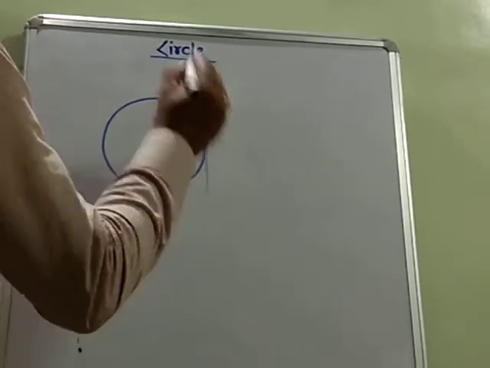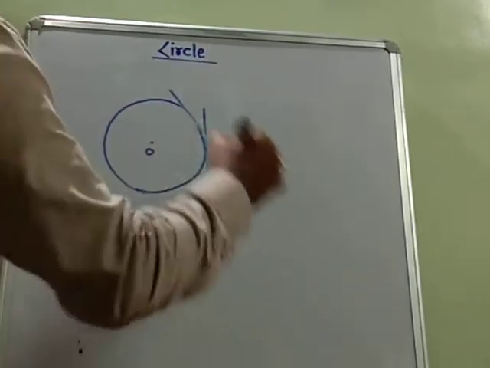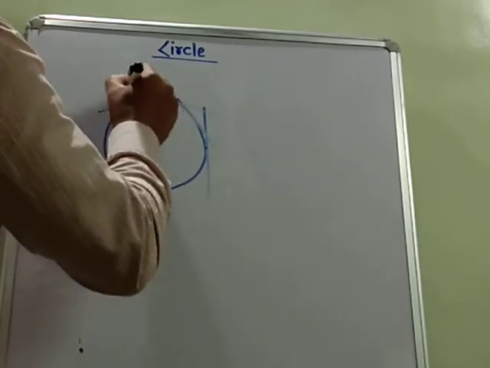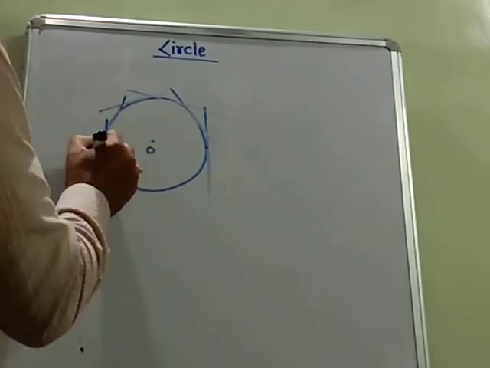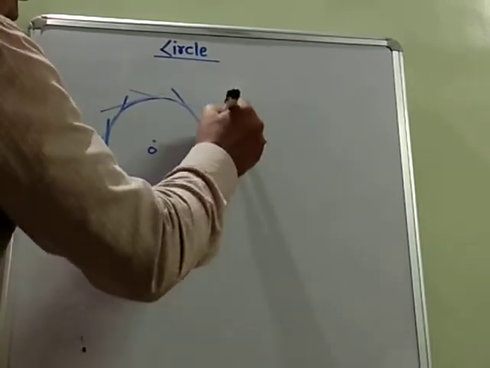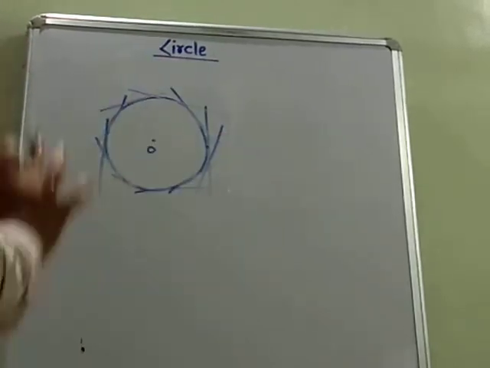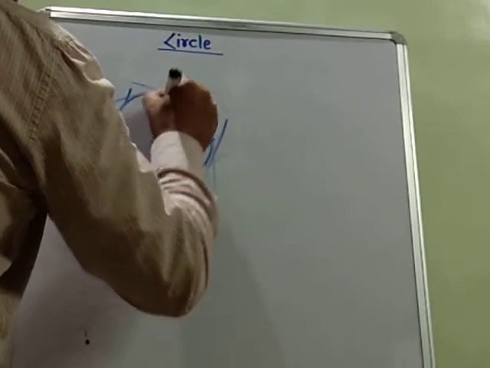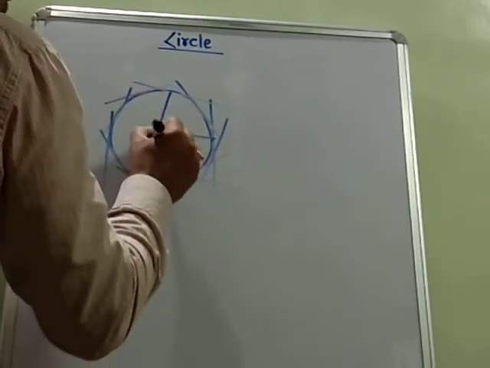That means here is one point on the circle. Suppose we draw a tangent here, here, here, and here. Whenever we draw a tangent, it is perpendicular to the radius through the center of the circle.